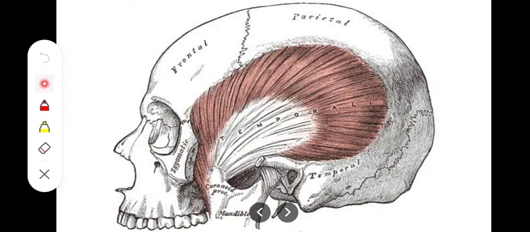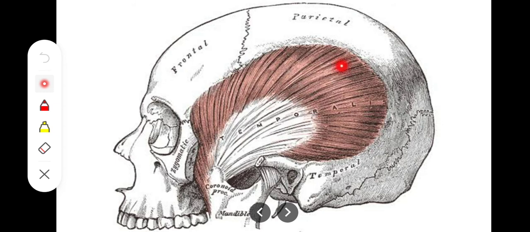Then we have the temporalis muscle. You can see that it is occupying the whole of the temporal fossa, and then it is getting attached at the level just here. Which region was present here? If you can recall, this is also the zygomatic bone. Okay. So in this way it has all of its attachments, and deep to this temporalis muscle we have the deep temporal vessels and nerves and the middle temporal vessels.